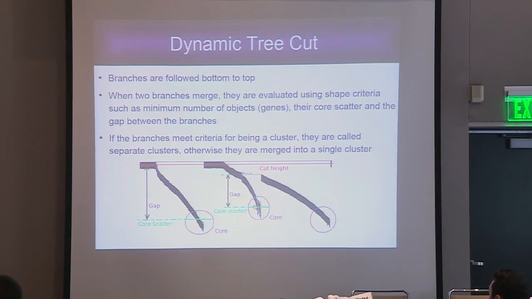It also looks at whether the core, this lowest merged group, is low enough, whether the branch hangs low enough from the top of the tree. It also looks at the number of genes on each branch. If the branch is too small, it will not call it a separate module. So there's a few criteria like this, and if each of the two branches meets the criteria, if they're big enough, if they're deep enough, if they look separate enough, then they're called separate branches. Otherwise, they are merged.